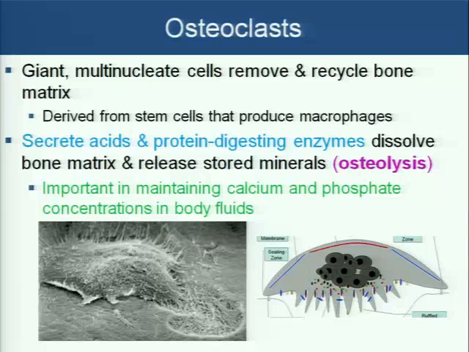So what's going to happen if that level starts dropping? What's the first place you're going to go? Hey, we have a whole skeleton of this stuff. You're going to start breaking it down. So if you're not getting this in your diet, your body is going to take it from your bones to make sure that you keep those body levels where they need to be.